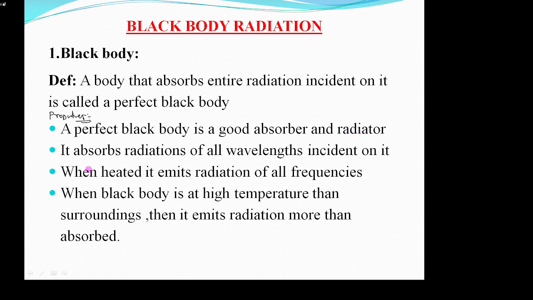Next, it absorbs radiations of all wavelengths incident on it. Means it can absorb entire radiations, whatever the radiation may be, ultraviolet rays, infrared rays, microwaves, it absorbs all the radiations.